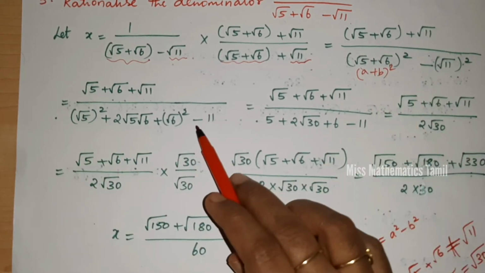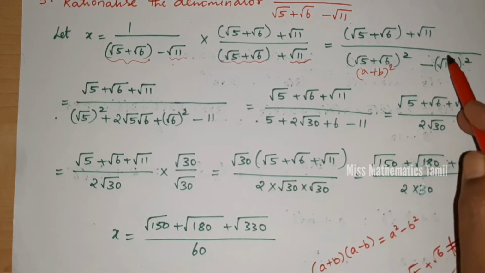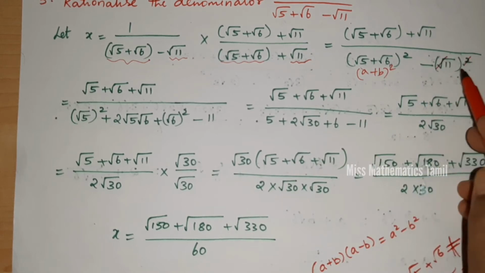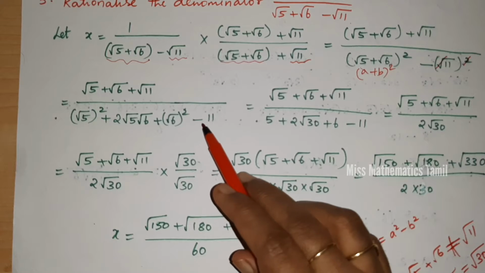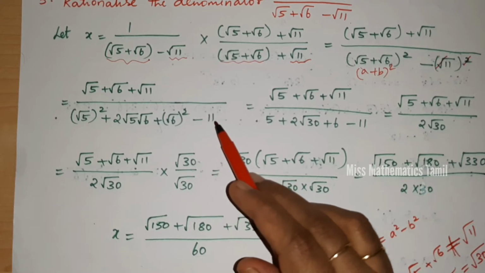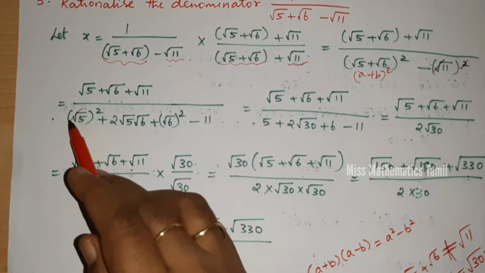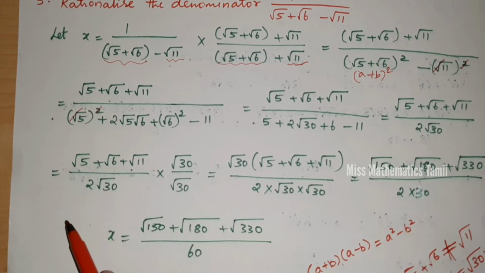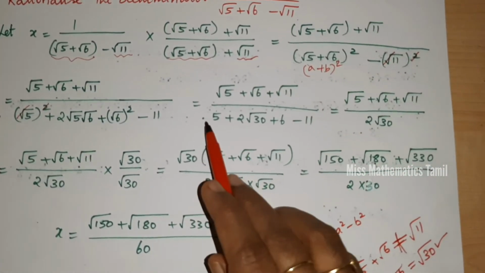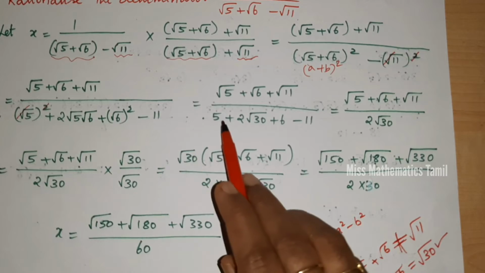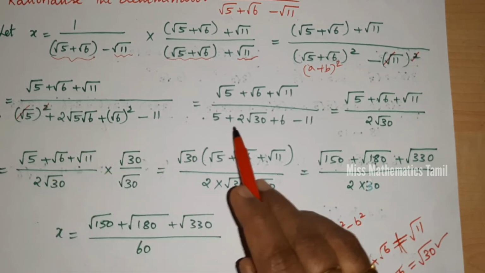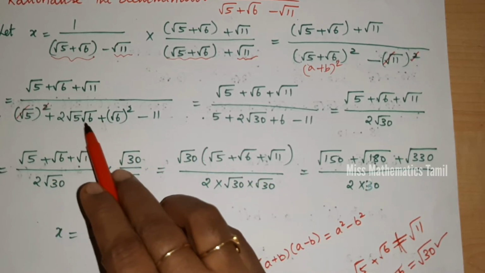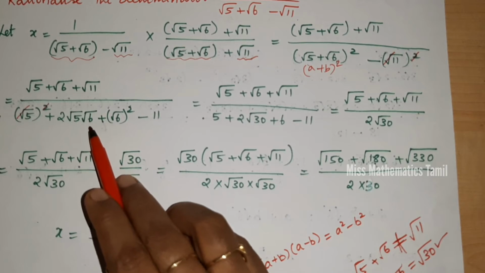Next, minus sign, and this root and square cancelled. So only we have 11 here, right? Here also root and square cancelling. See the denominator here, 5 plus 2, see here multiplication root 5 into root 6.